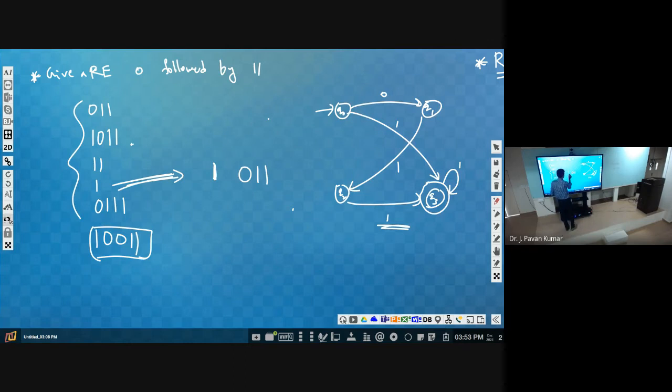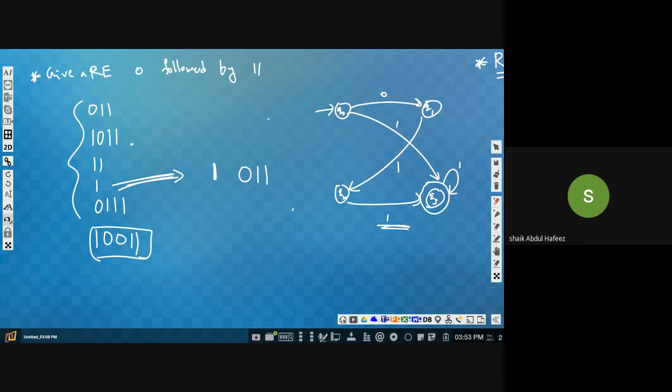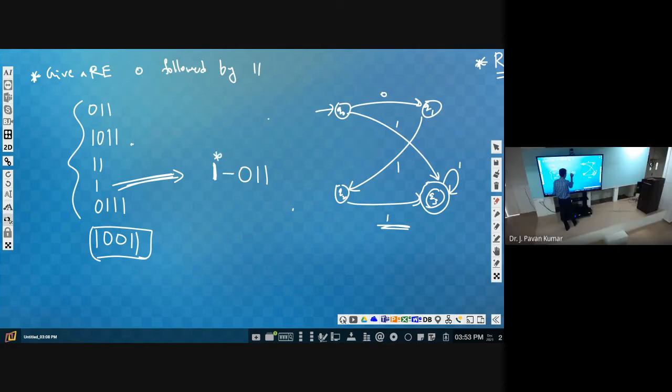We can take 1 any number of times. Next, 0 1 1 any number of times. Sir, 1 star plus 0 1 1 whole star. Okay, let us consider this as the regular expression.